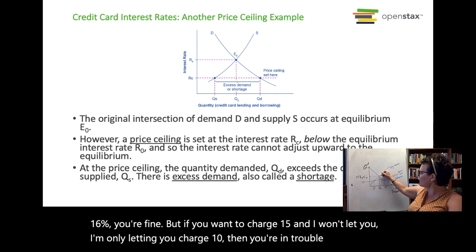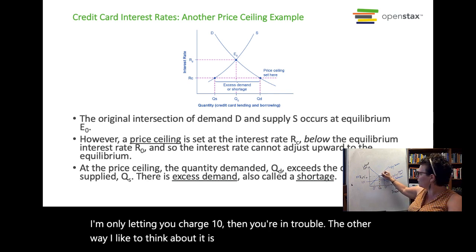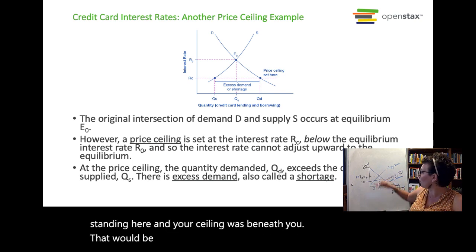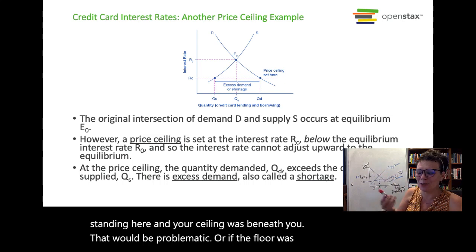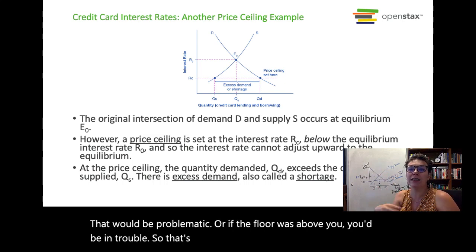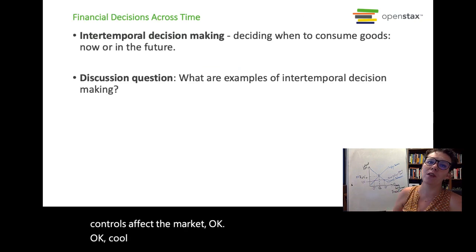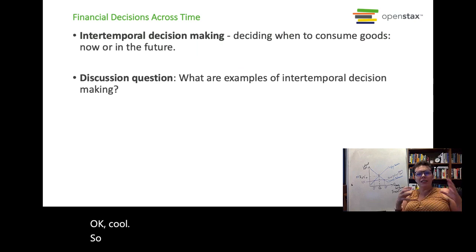The other way I like to think about it is if you were a little tiny person standing here and your ceiling was beneath you, that would be problematic. Or if the floor was above you, you'd be in trouble. So that's when we're going to see these price controls affect the market. Okay? Okay, cool.